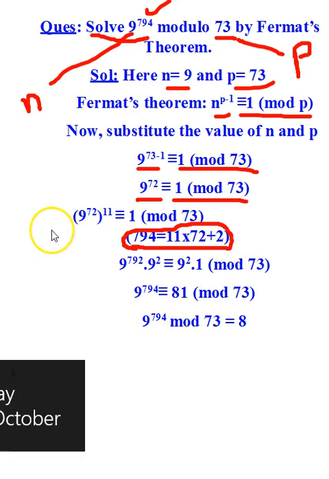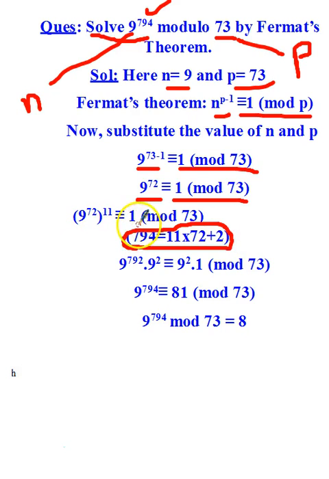So now 9 raised to the power 72 into 11 will be 1 mod 73. Here first we will do 9 raised to the power 72, 11, which is congruent to 1 to the power 11 mod 73.